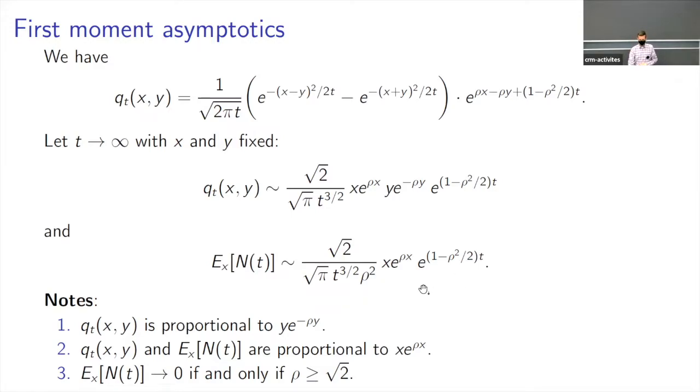If rho is equal to the square root of 2, this exponential is 0, but then this t to the 3/2 down here tells us that the expected number of particles at time t goes to 0 as t goes to infinity. So we see that the expected number of particles is going to 0 if and only if rho is greater than or equal to the square root of 2. And that, of course, is very consistent with Kesten's result about when the process goes extinct.